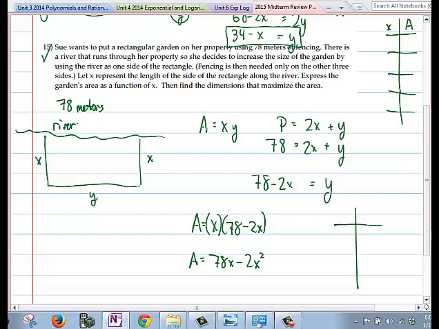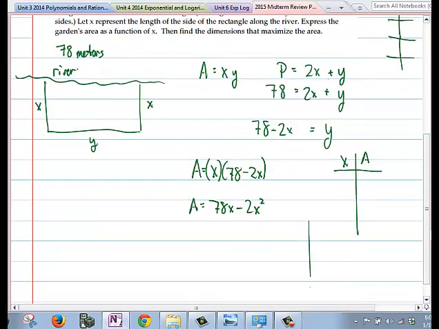Again, you can put that on a table and go through all the values and find out where your maximum is. You can draw a graph where you plot area against the x value.